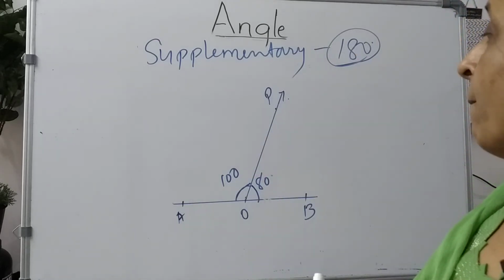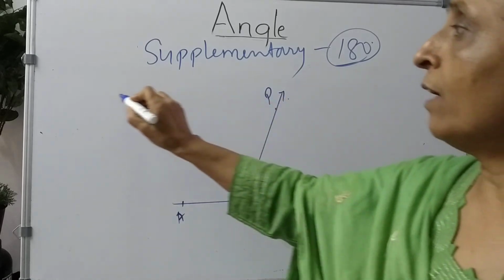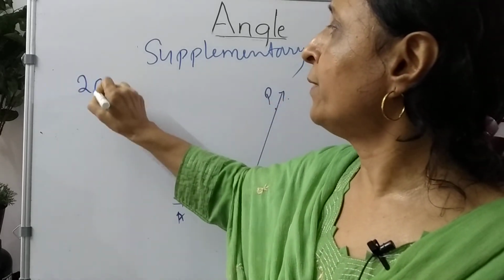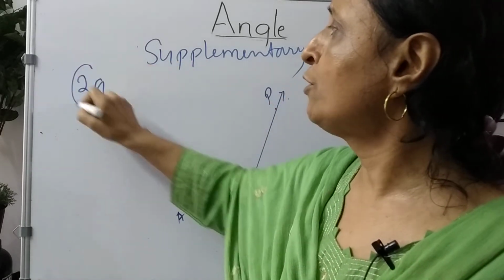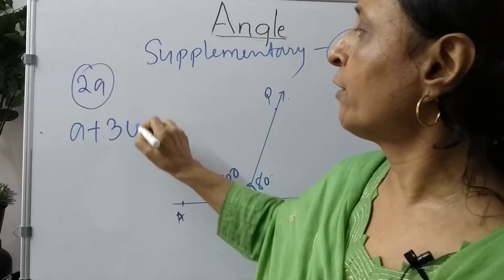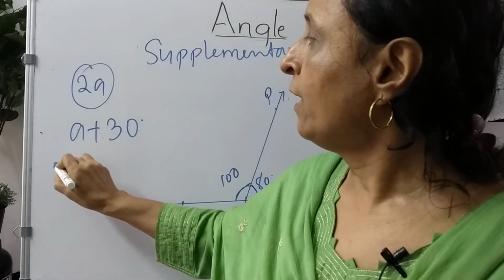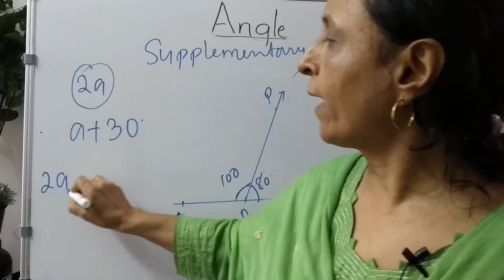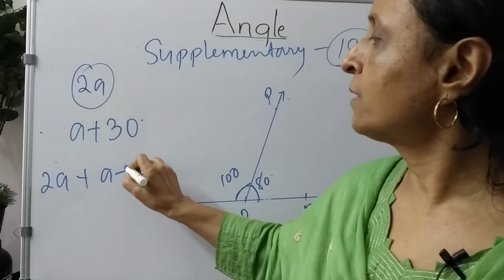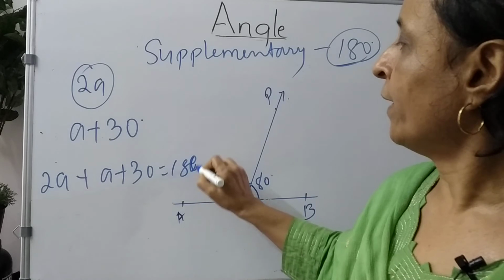Now, for example, you have done this example for the other. If it is given in variables 2a and a plus 30, again you can solve this in the same way you have solved for the complementary. That is, you add 2a plus a plus 30 is equal to 180.